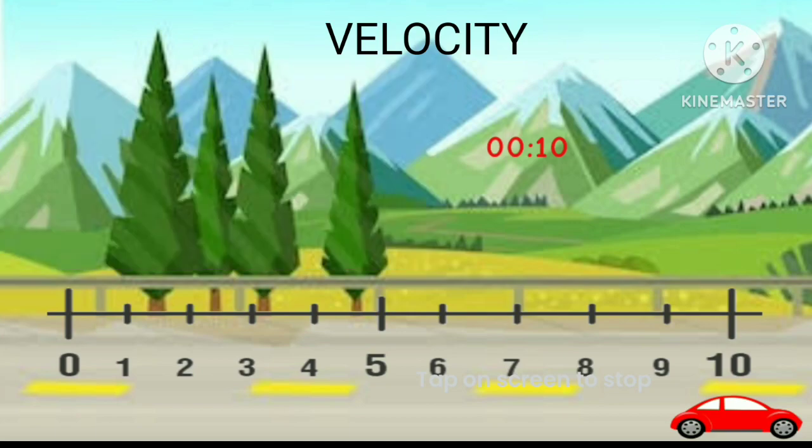Here, displacement refers to the change in position of the object. Velocity is measured in units such as meters per second, kilometers per hour, or miles per hour, just like speed. Velocity is represented by an arrow, where the length of the arrow represents the speed, and the direction of the arrow indicates the object's motion.